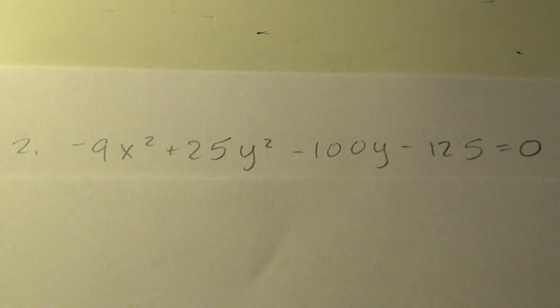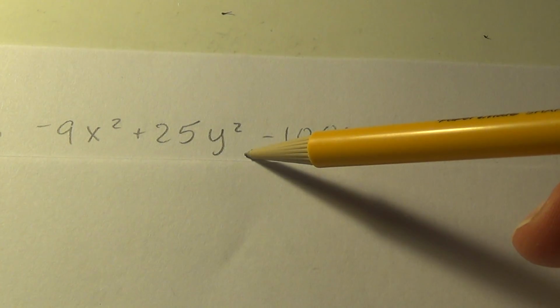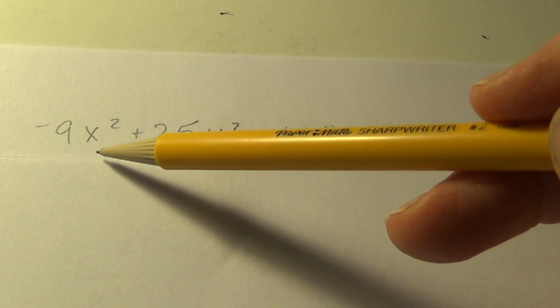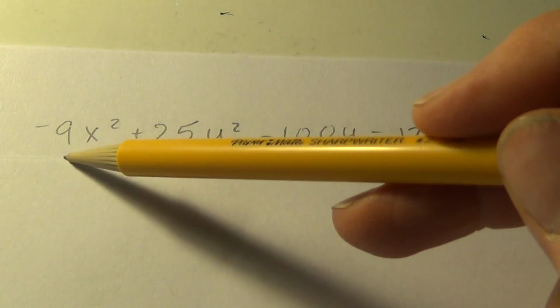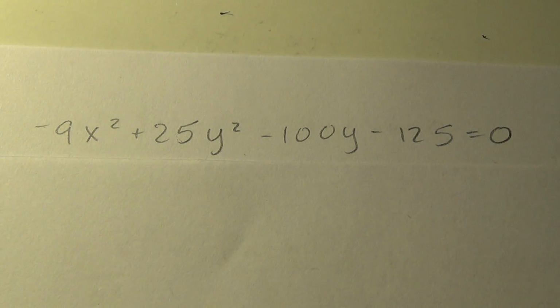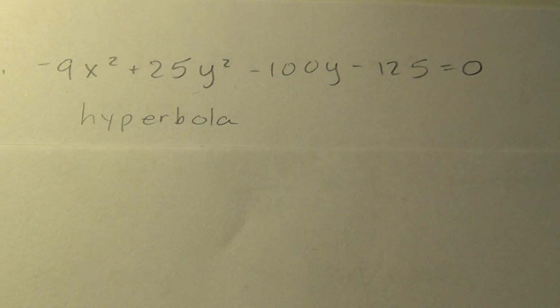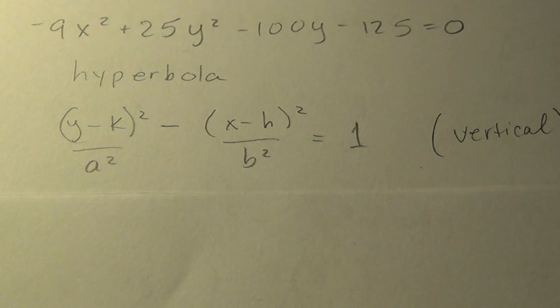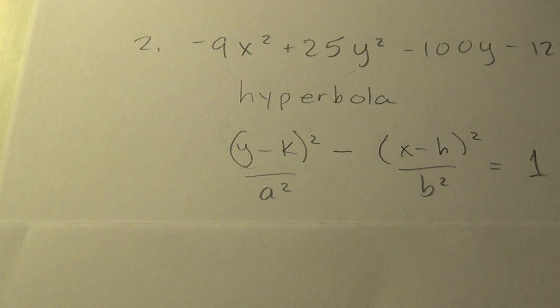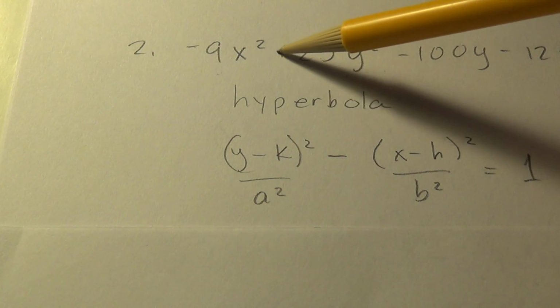All right, here we have the second one, and we see there's an x squared term and a y squared term, and the coefficients are not alike and their signs are not alike. That's what happens when we have a hyperbola. The hyperbola has a standard form like this, and the reason I picked y as being positive is I saw y was positive.